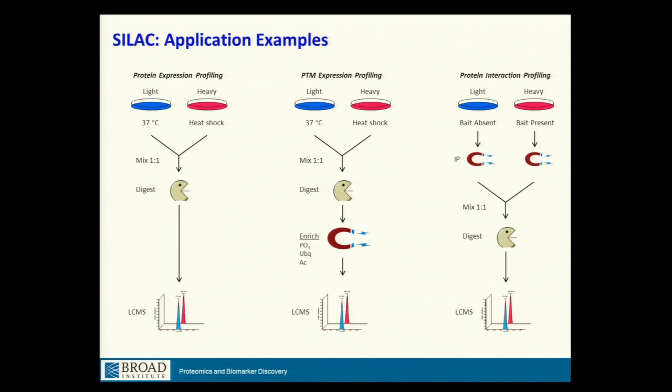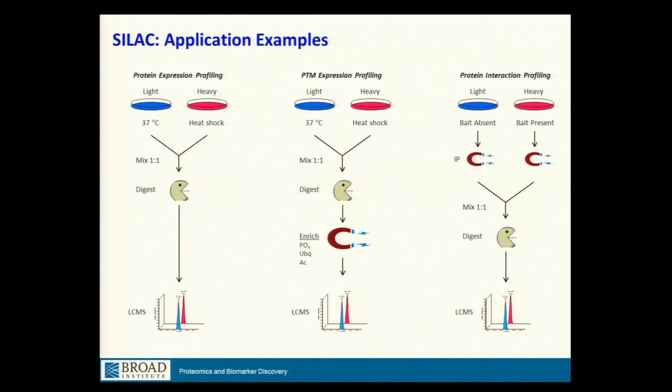Okay. And then what about protein interaction profiling or any kind of interactomics experiment, whether it's proteins, small molecules, or nucleic acid species? Now the paradigm becomes slightly different. We still have our light and our heavy cells, and we'll try to engineer some kind of condition where the bait is absent in one situation and the bait is present in another situation.